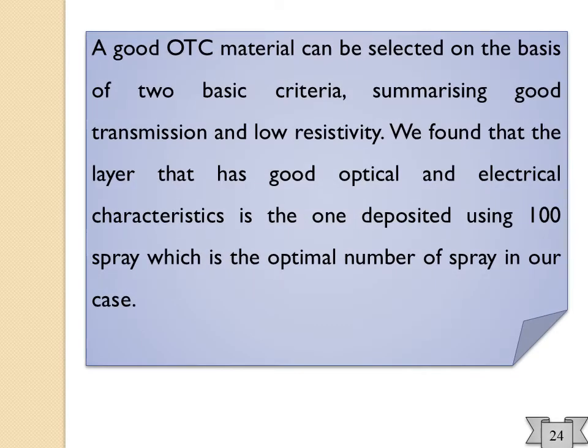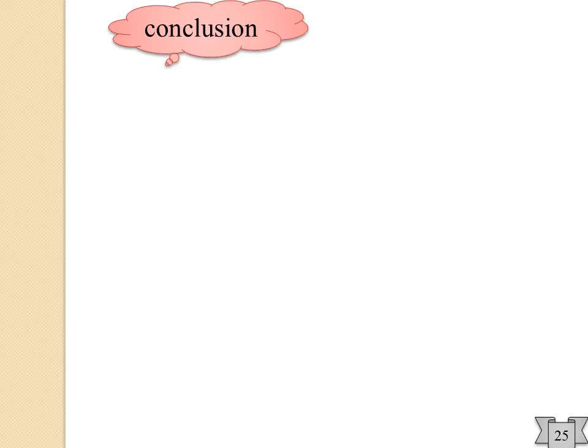A good transparent conducting oxide material can be selected on the basis of two basic criteria: good transmission and low resistivity. We found that the layer that has good optical and electrical characteristics is the one deposited using 100 sprays, which is the optimal number of sprays in our conclusion.